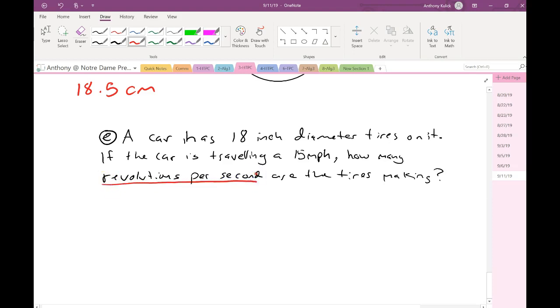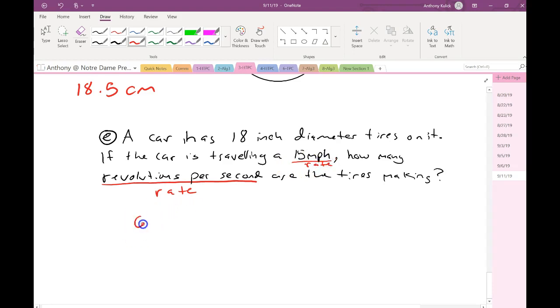What kind of a quantity is revolutions per second? It's a rate, right? What word tells you that that quantity is a rate? Per. Are we given another rate in this problem? Yeah, 15 miles per hour is also a rate.